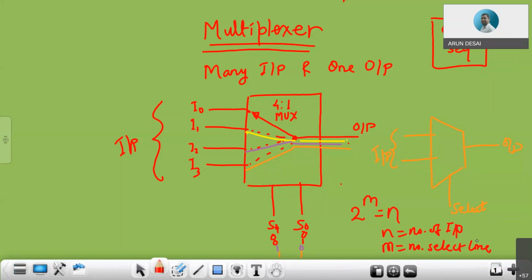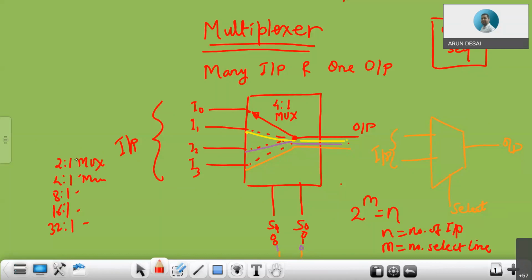Suppose the input lines are 16, in that case my select lines are 4. So this is how you can consider the select lines and input lines. There are so many types available for these muxes: 2 to 1 mux, 4 to 1 mux, 8 to 1 mux, 16 to 1 mux, 32 to 1 mux.